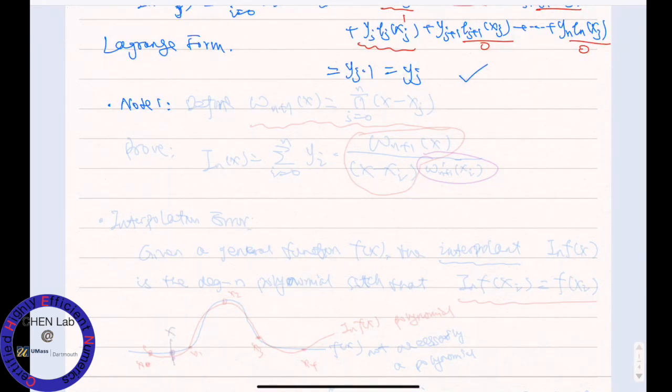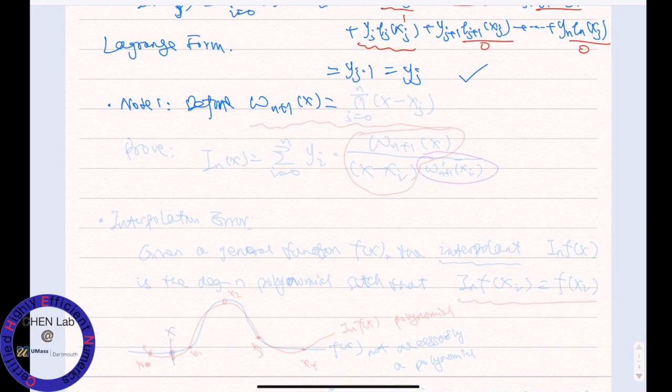Another way of writing this down, which is sometimes more convenient, is using a notation. If we define omega m plus 1, it's the Greek letter omega. It looks like a W, but a little bit curvier. Omega sub m plus 1 of x. Above, we multiply x minus something and we skip i.